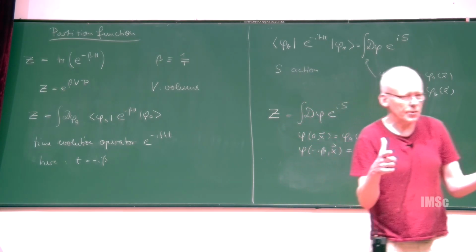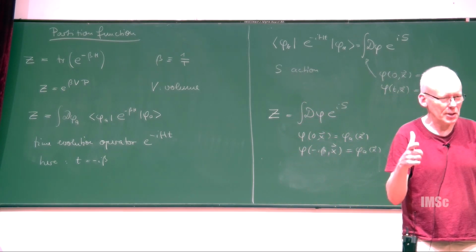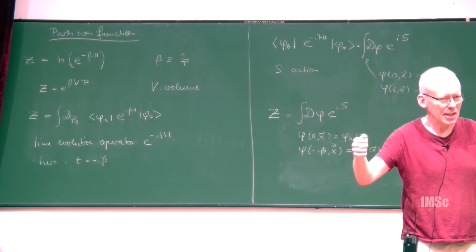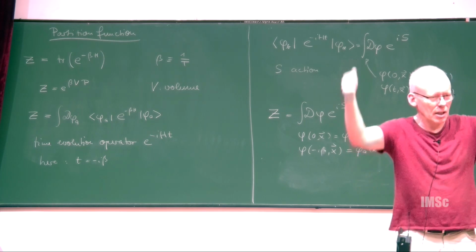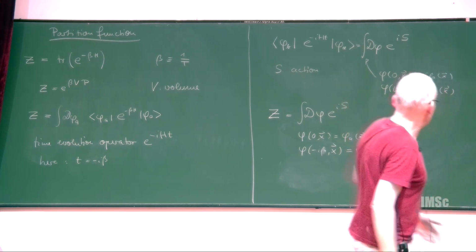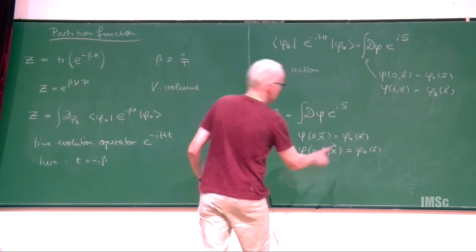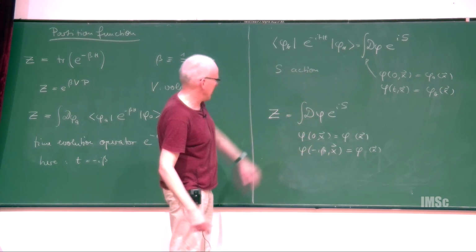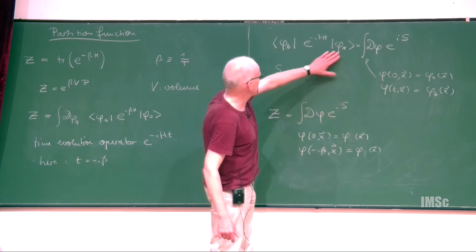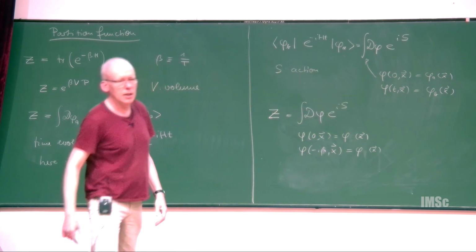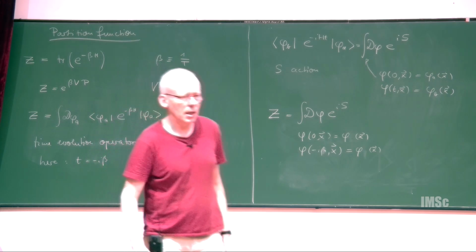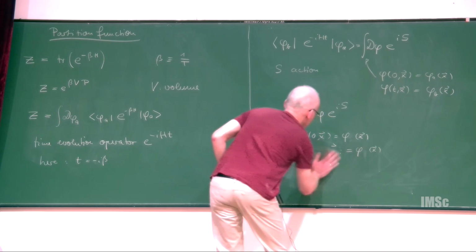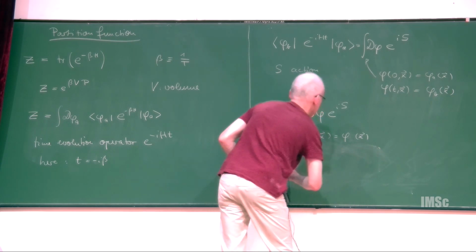Yeah, well, okay, so it's right. I mean, it's included in there. Initially you integrated over the phi A's, but now you integrate over all phi A's. No, I'm sorry, I should leave this out. This is your point. The point is that it's the same, right? So you basically have to write phi of 0 and x is equal to phi of minus i beta and x. Yeah, sorry. You're right. Yeah, thanks.